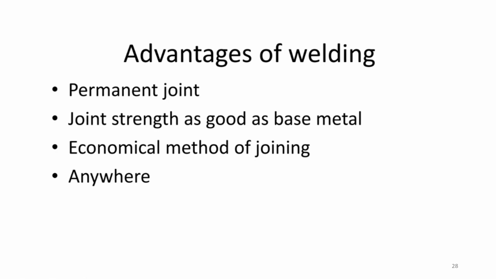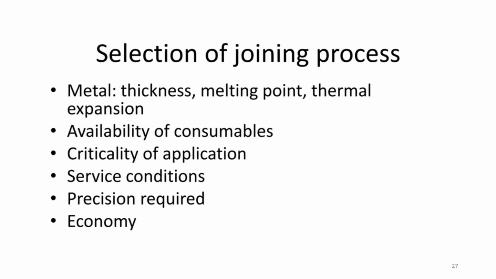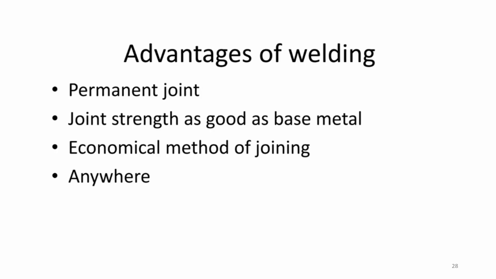Advantages of welding. Compared to adhesive-based or mechanical joints, these are some advantages. In welding, you will have permanent joints. If you have welded two parts together, this joint will be permanent. And the joint strength is as good as the base metal; most weldings have joint strength similar to the base metal.